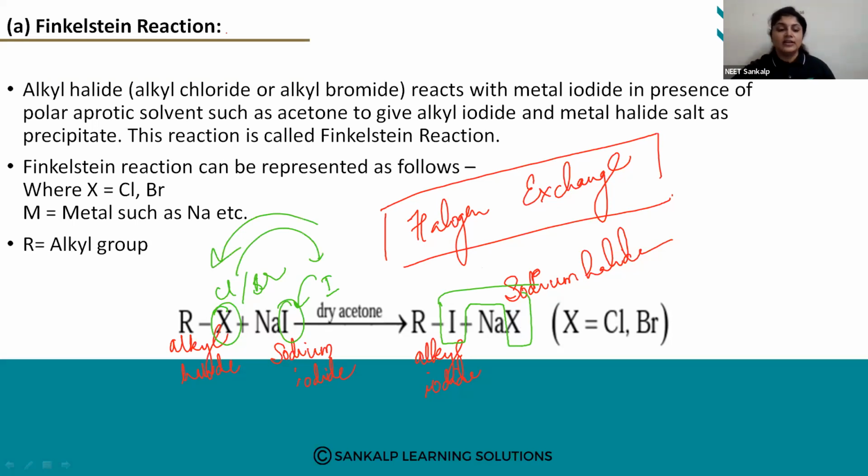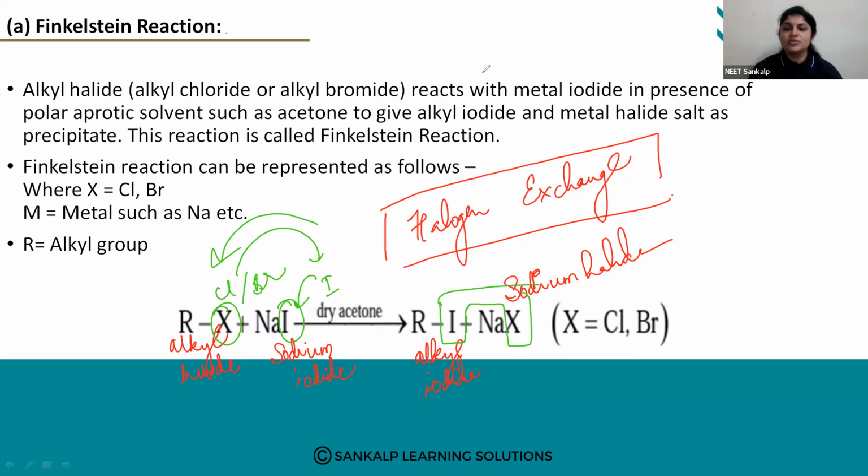Understood till here? Am I going fast? Is it clear till here? If you want me to explain anything, you can just ask me to explain in between. If you have not understood anything in the class also, you can just ask me here. I'm just teaching you all the important name reactions.